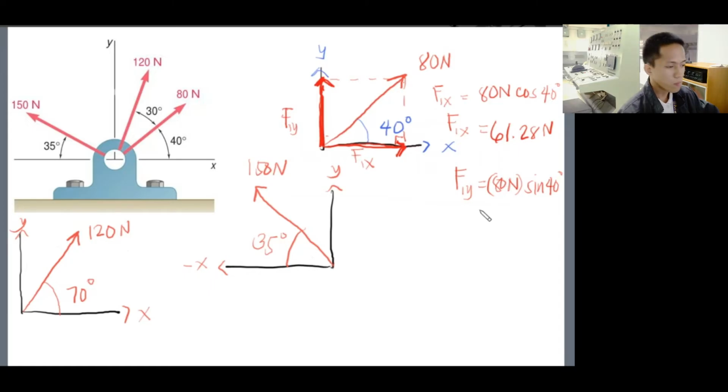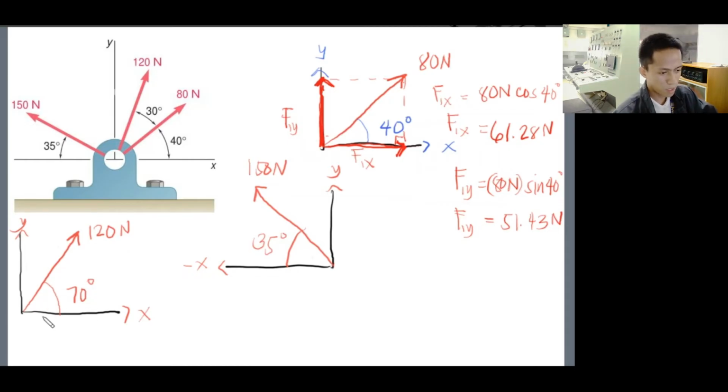Now, eto, f of 1y, 80 newtons sine 40, that is 51.42 newtons. So, f of 1y, that is for 80 newtons, that is equal to 51.43 newtons. Then, let's proceed here sa 120 muna.